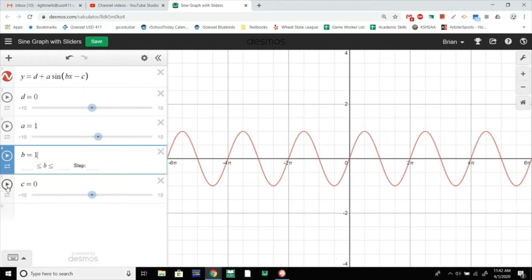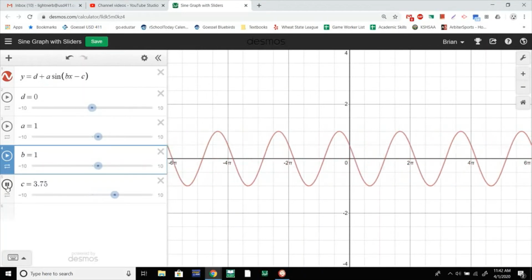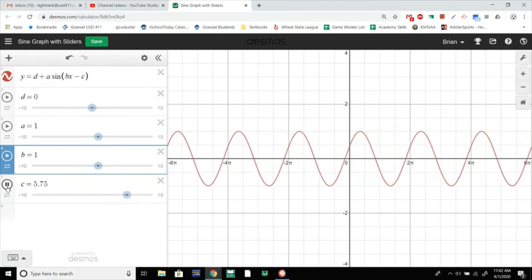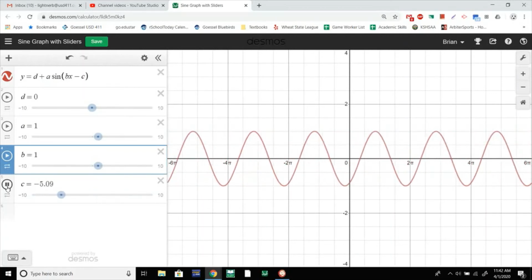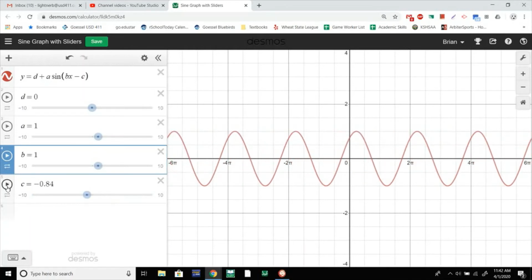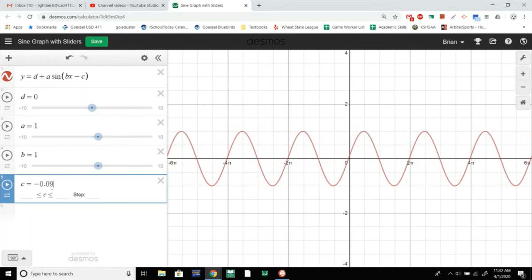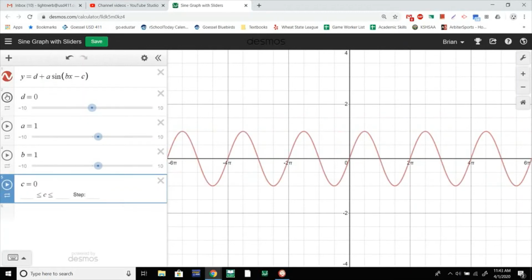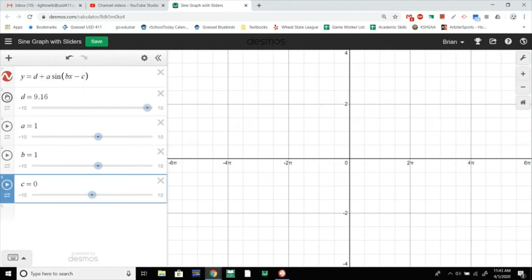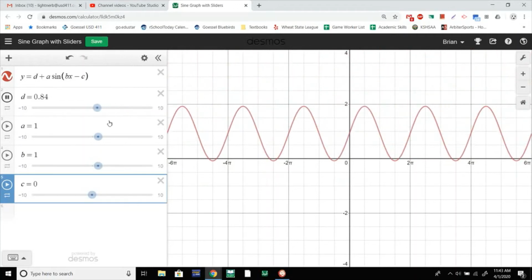And your C, see how it moves it. Phase shift to the right, phase shift to the left. So the D is going to be your vertical translations, up and down.